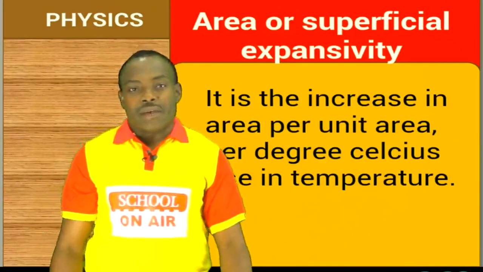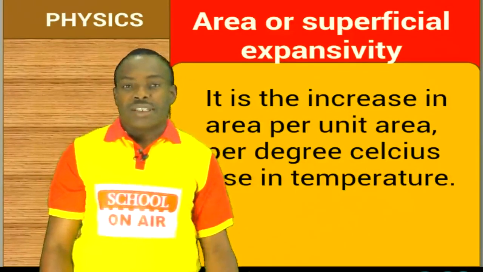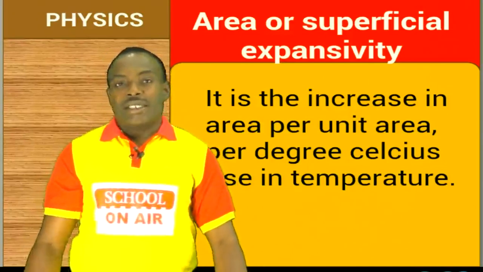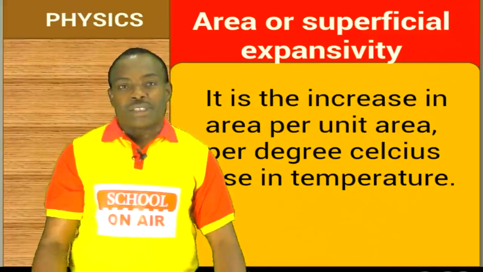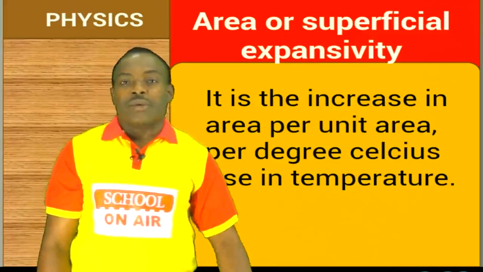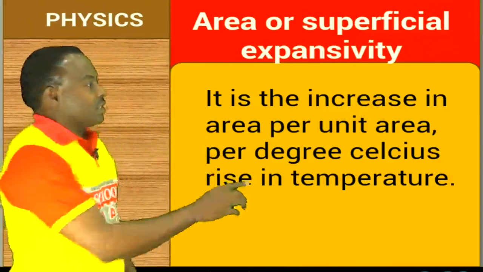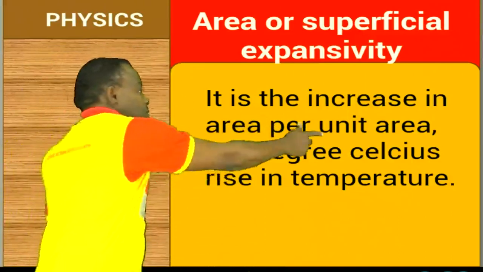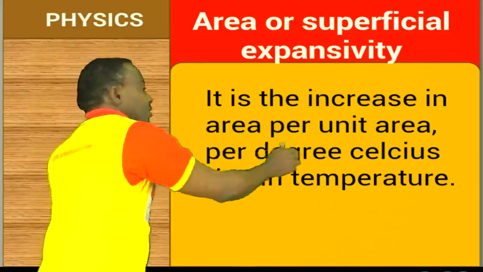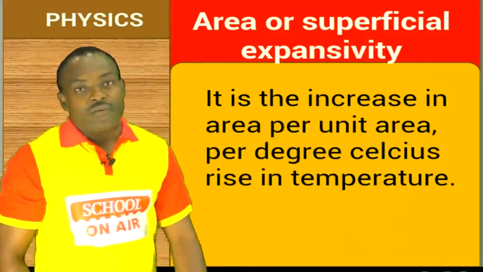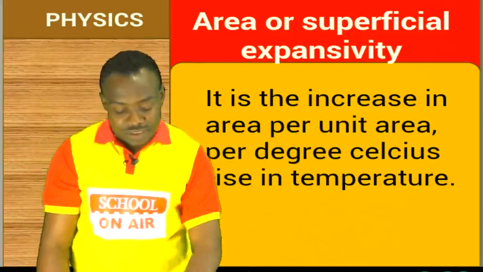In the previous class, we spoke only about the length, just one side expansion. In this case, we are talking about expansion in two dimensions, both the length and the breadth. So area expansivity is the increase in the area per unit area per degree Celsius rise in temperature. That is the definition of area expansivity.